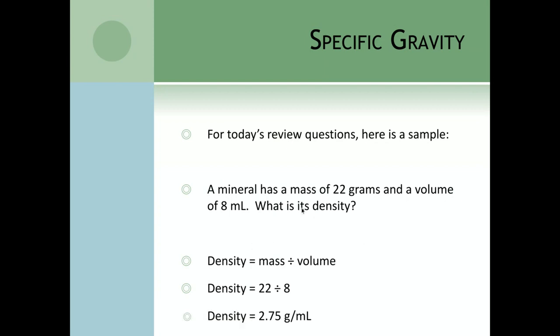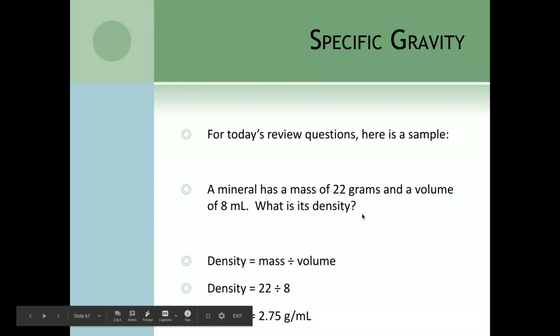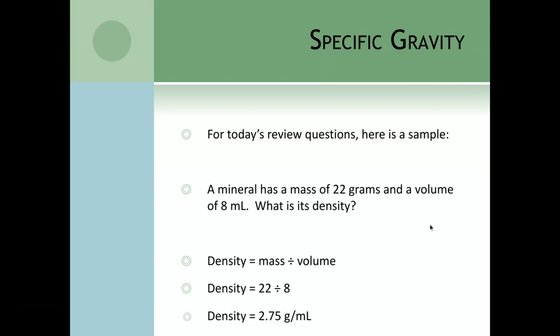And so we will find the mass, 22 grams, and put that in for mass, and the volume of 8 milliliters. So we're going to divide by 8. And when you do 22 divided by 8, you'll get a density of 2.75. And instead of cats per donuts, we will do grams per milliliter.